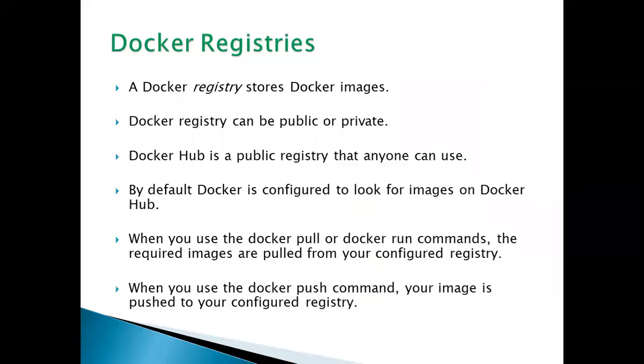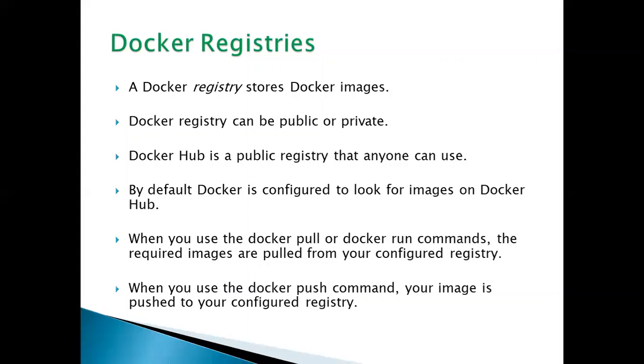A Docker registry stores Docker images. A Docker registry can be public or private. Docker Hub is a public registry that anyone can use. By default, Docker is configured to look for images on Docker Hub.